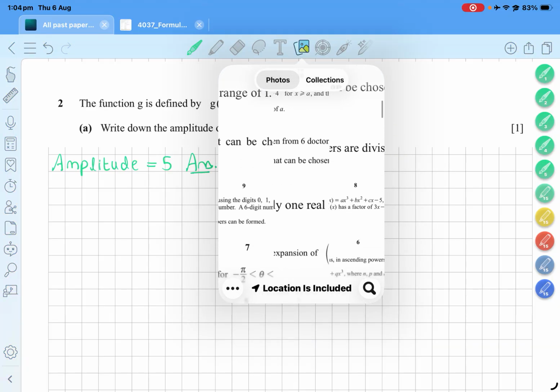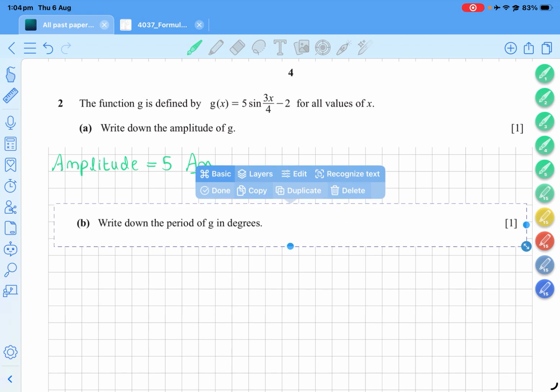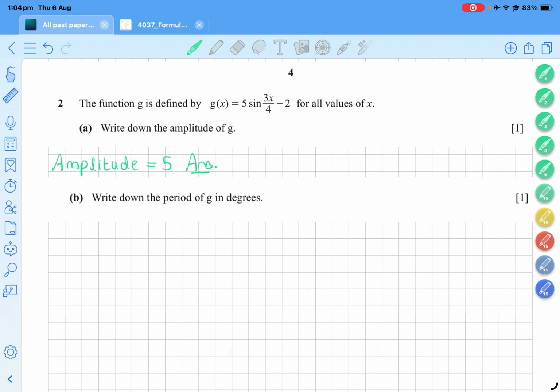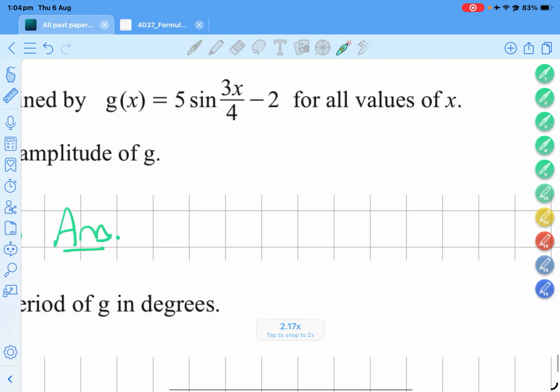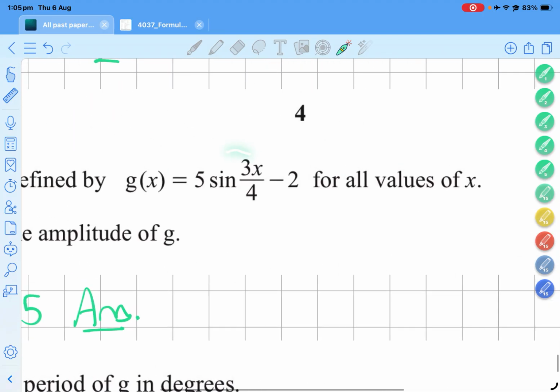Then 2B, write down the period of g in degrees. The period is only going to be affected by this thing; this affects y, and this thing affects x.